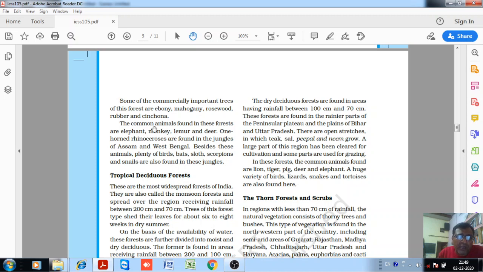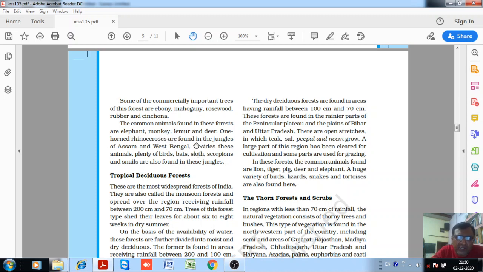Those are ebony, mahogany, rosewood, rubber and cinchona. And the common animals, the 5th point, you can write the names of some animals, like elephant, monkey, lemur and deer.